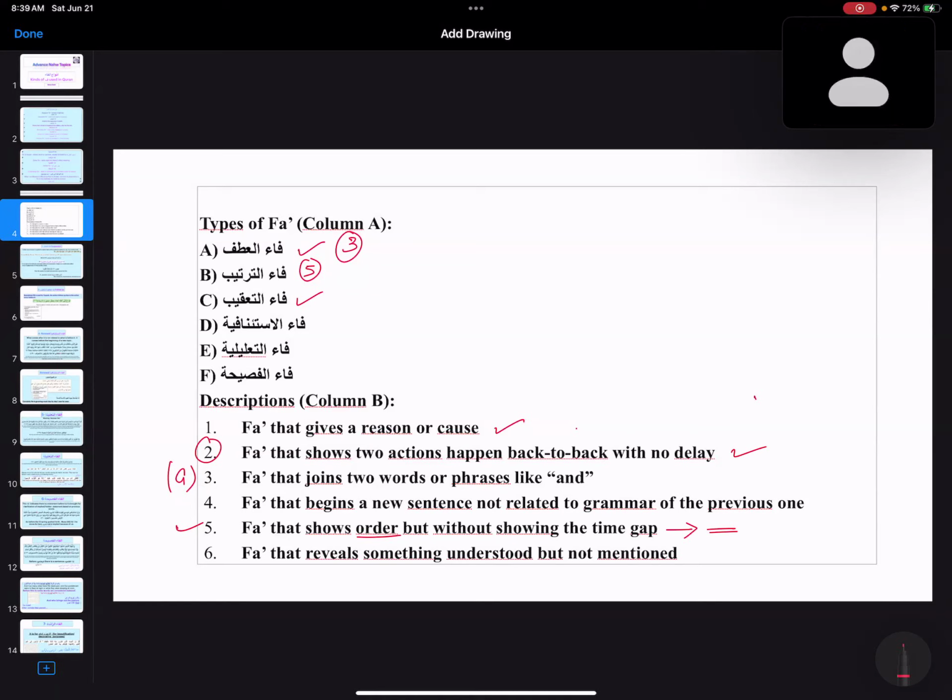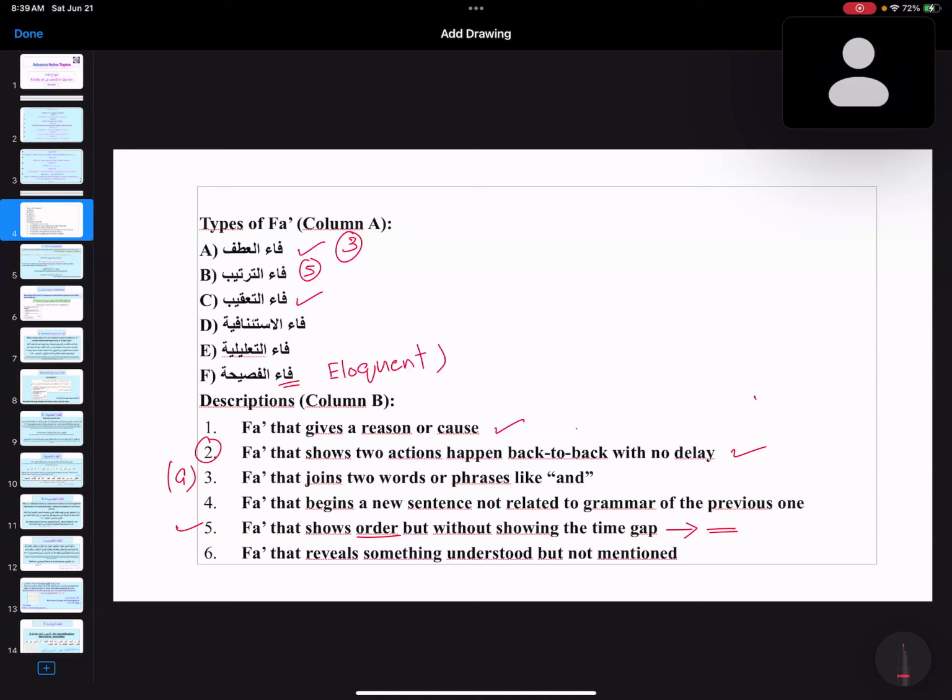And then the last one, fa that reveals something understood but not mentioned: fasiha. That's why we call it fa of eloquence. This is a very eloquent fa. Why are we calling it eloquent?